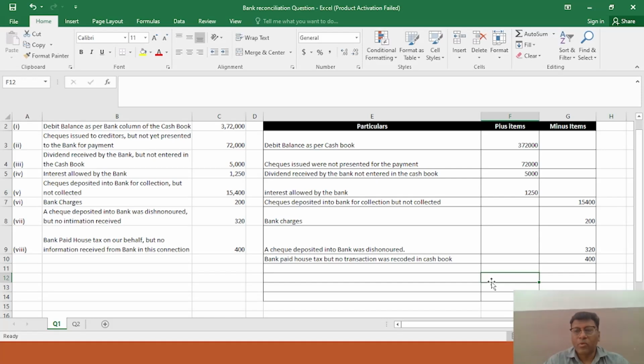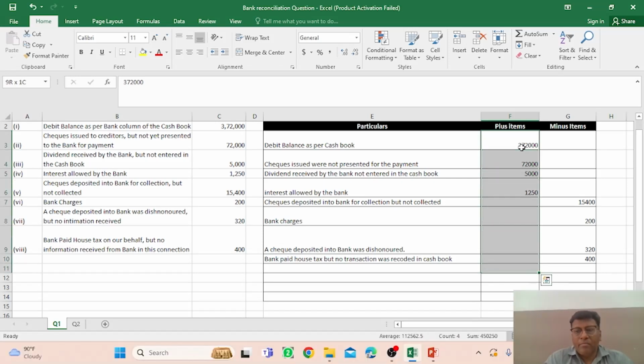Okay, so there are 8 transactions in this question, right? And we should count it: 1, 2, 3, 4, 5, 6, 7, 8. All transactions have been made, right? You have to go through all the transactions, and now you have to take the total of it.